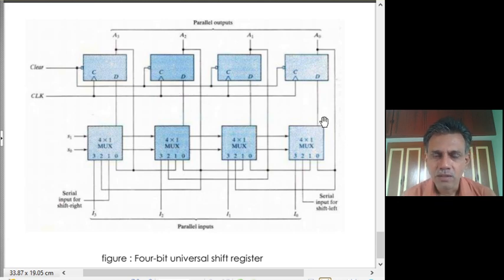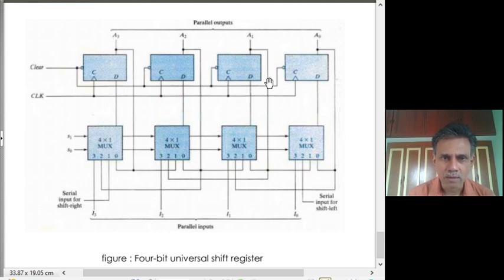And for the left shift operation, we have to shift it towards this way. And you will see that the serial input actually goes to the 2 input, and the second input of the mux actually receives the bit from A0. A0 goes to the input 2 of the mux connected to A1.